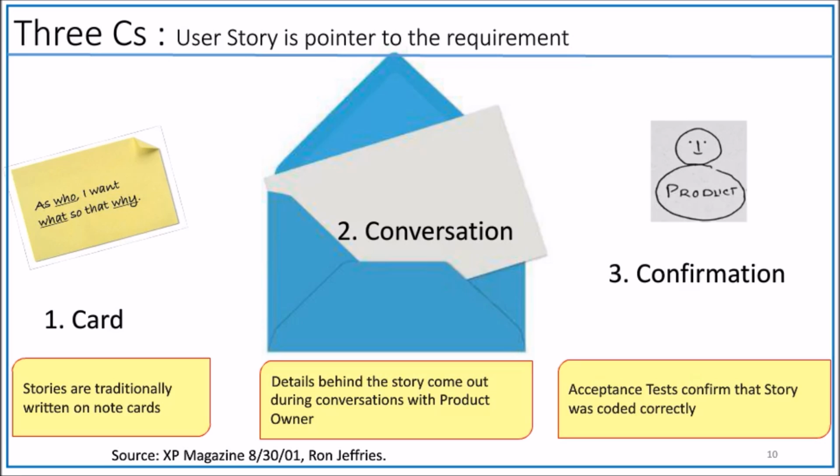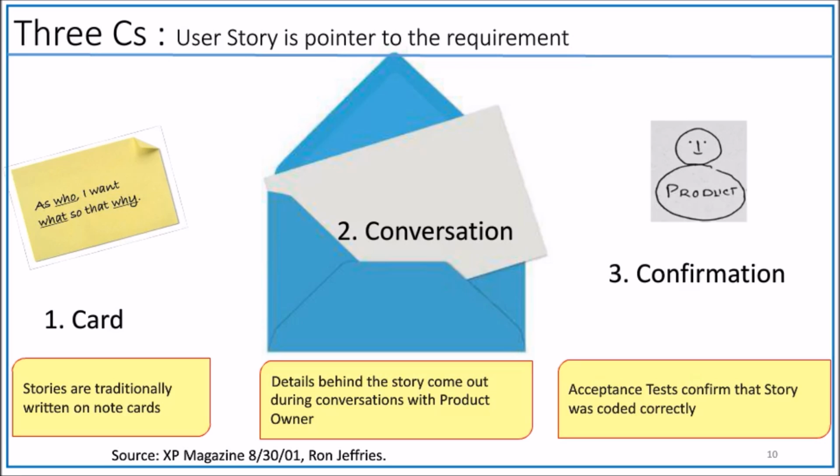If we are unable to write a user story on a sticky note, most probably, 98% of the time, the story can be split further. So we want to focus on those granular, independent user stories, written in the format: as a user, I want this functionality so that I can achieve this.